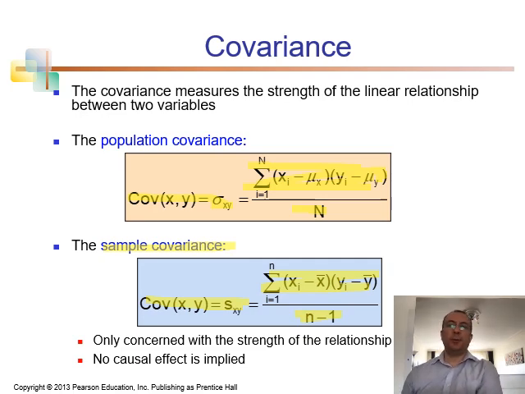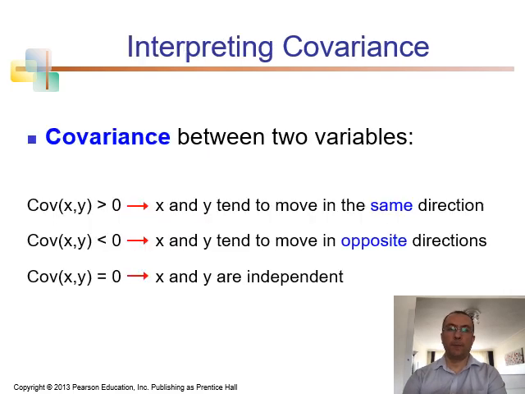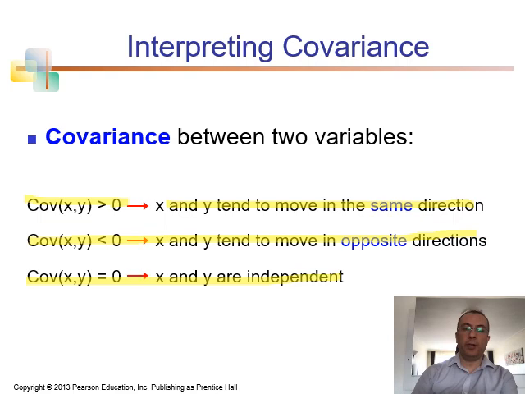If this number is positive, that means there's a positive relationship. If it is negative, that means it is a negative relationship. So if the covariance between two numbers is greater than 0, they are moving in the same direction. If it is less than 0, they are moving in opposite directions. If the covariance is 0, that means the two variables, x and y, are independent.